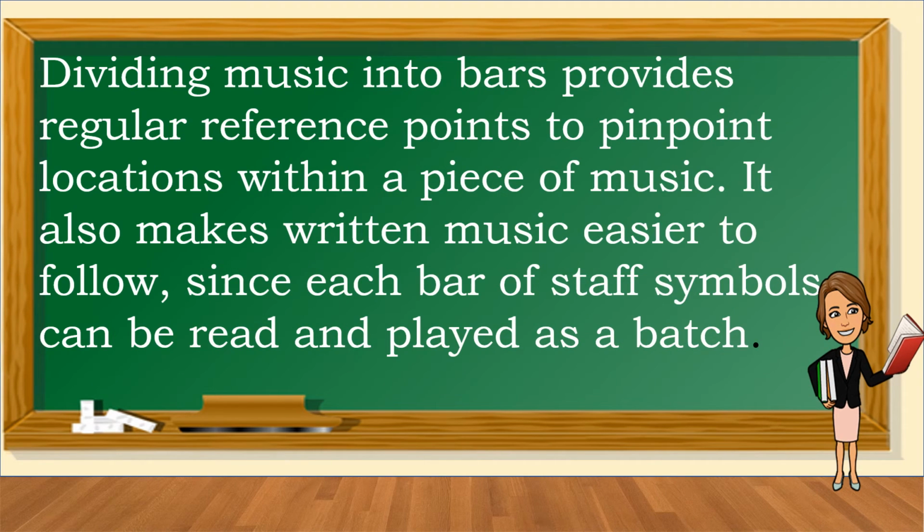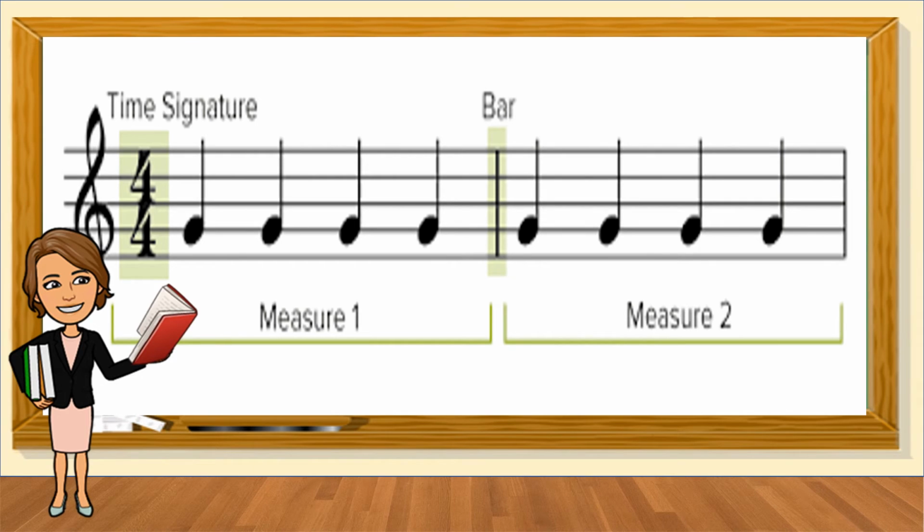Dividing music into bars provides regular reference points to pinpoint location within a piece of music. It also makes written music easier to follow, since each bar of symbols can be read and played as a batch. So we have here the illustrations of the time signature, measure, and bar.